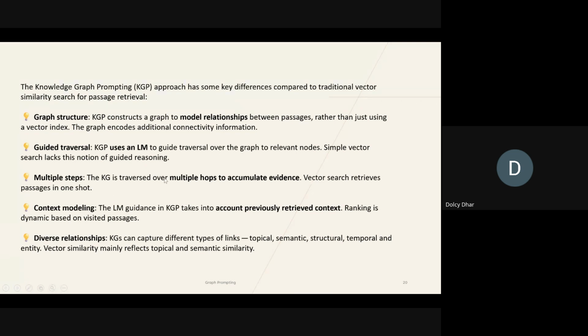Like I showed you in the outline of the graph of thoughts, the entire diagram of the prompt, let me quickly show you.